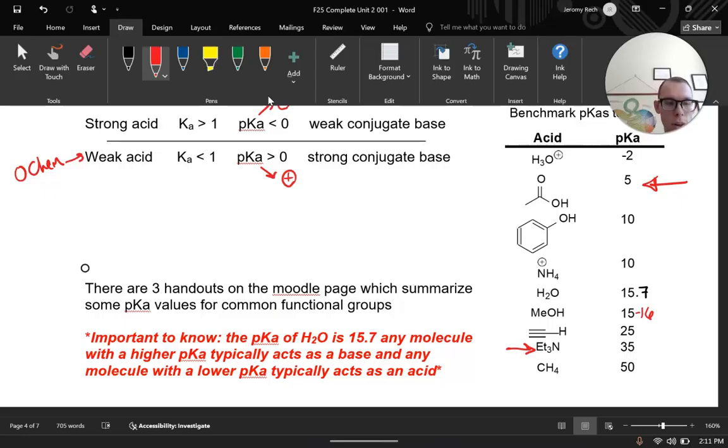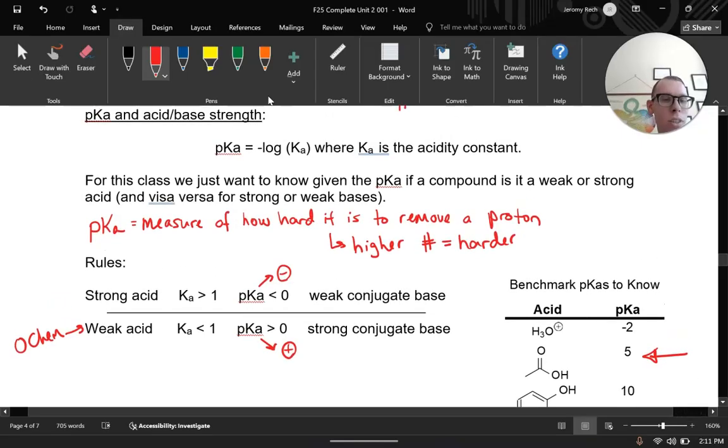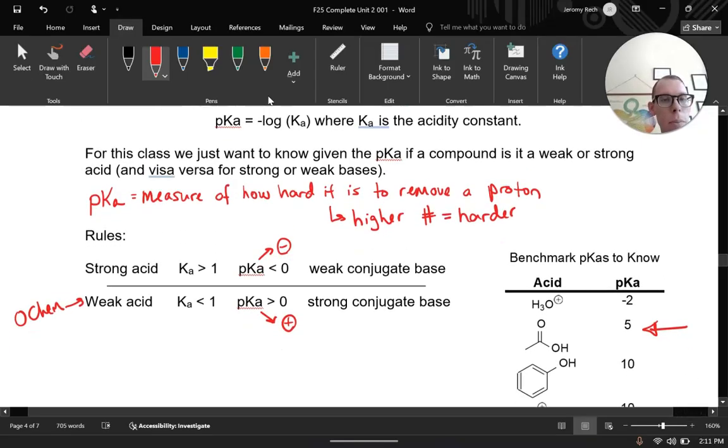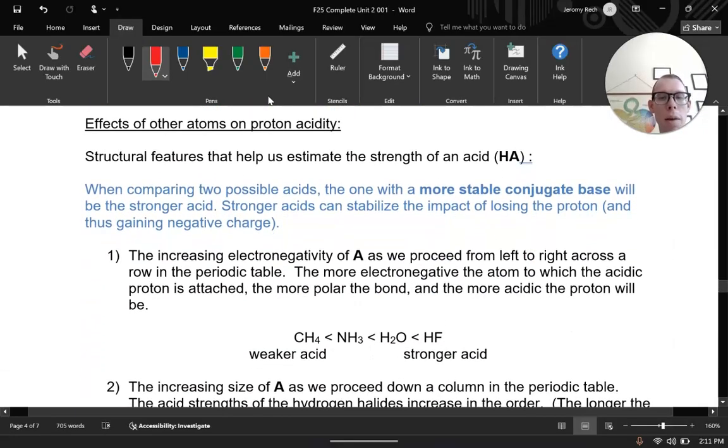That's going to be the entire focus of our next video. But in general, pKa is a measure of how easy or hard it is to pull a proton off. I think we'll stop there, and our next one will focus on some general trends with acid strength.